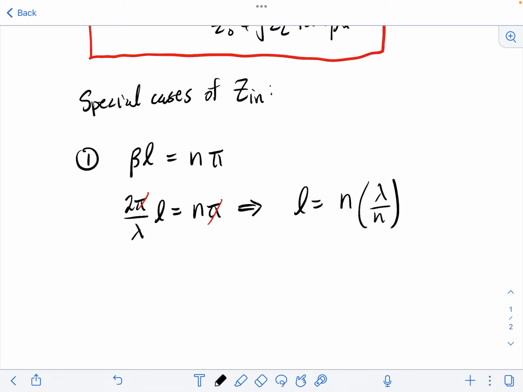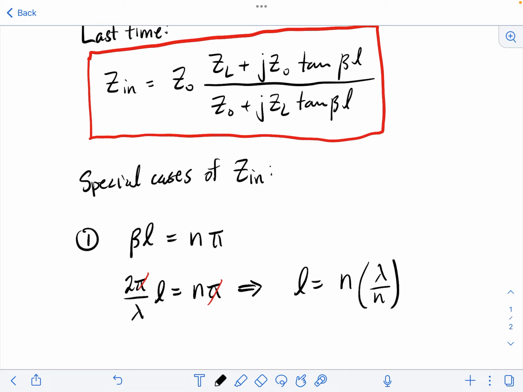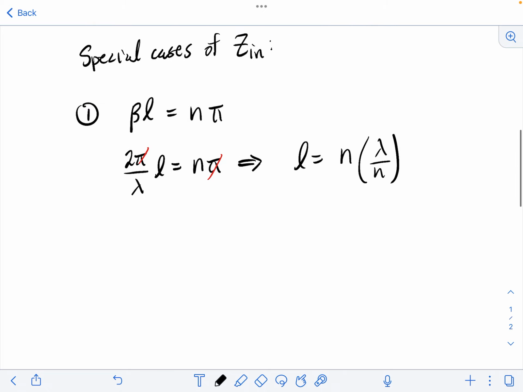In this case, in our expression for Zn, we have to evaluate the tangent of beta L, which goes to the tangent of n times pi.